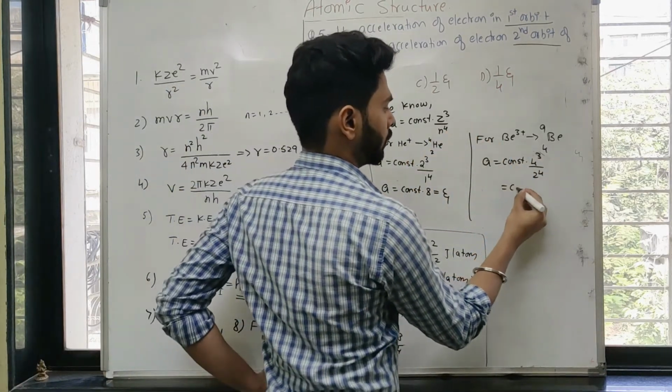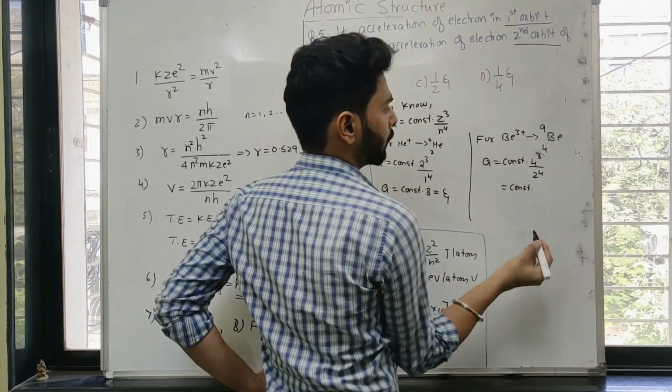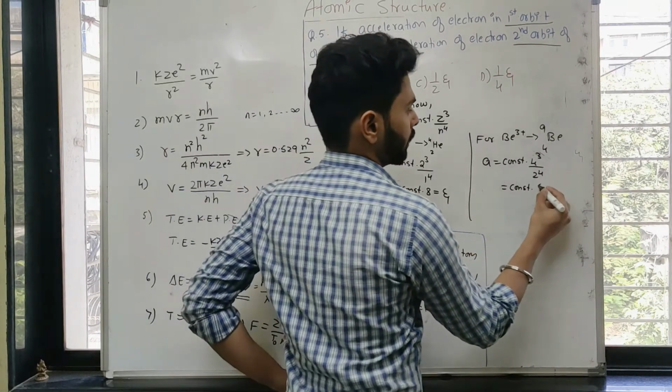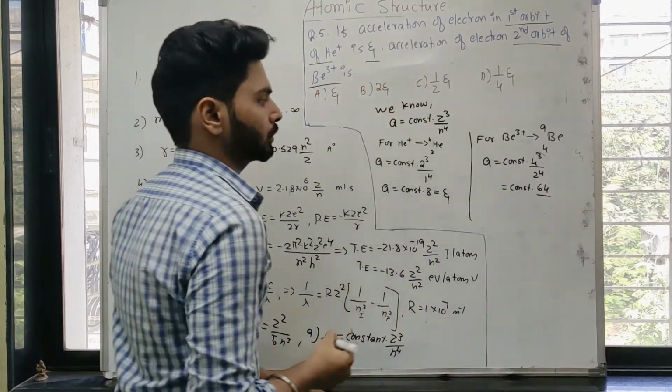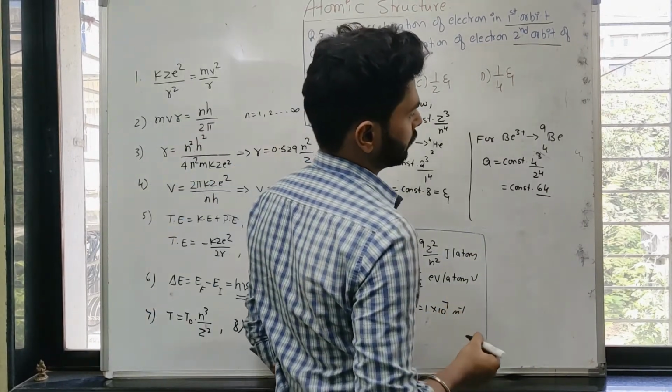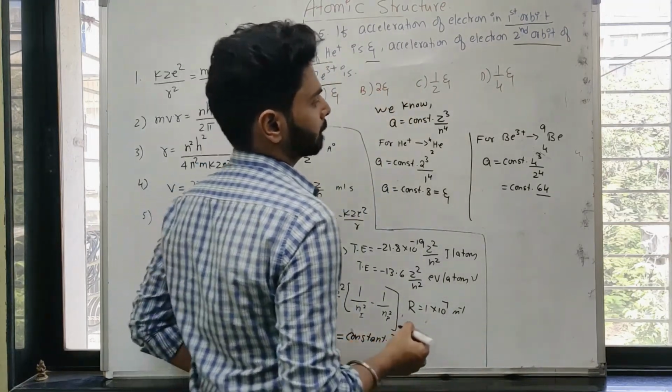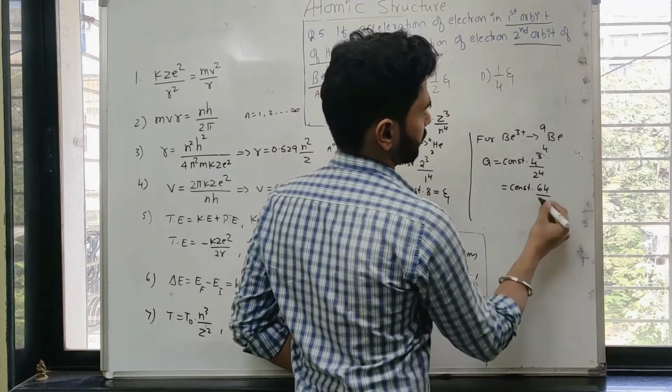So this is equal to constant into 4 cube, 4 into 4, 16, 16 into 4 is 64, divided by 2 into 2 into 2 into 2, 16.